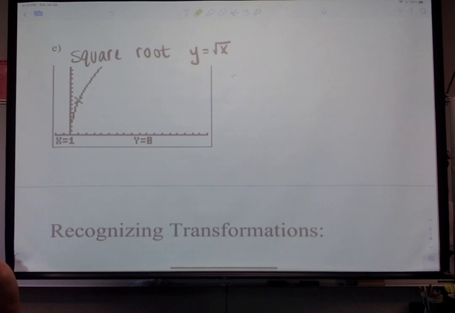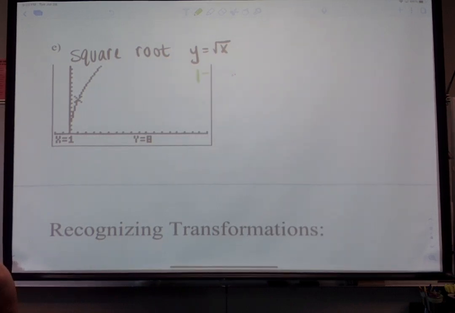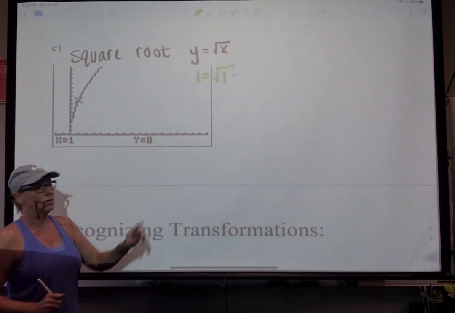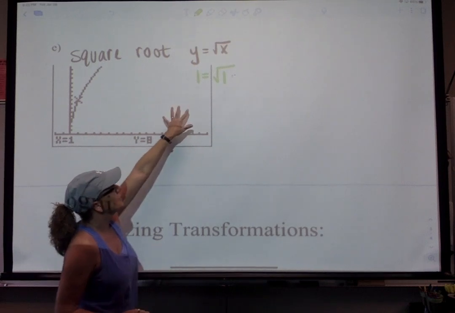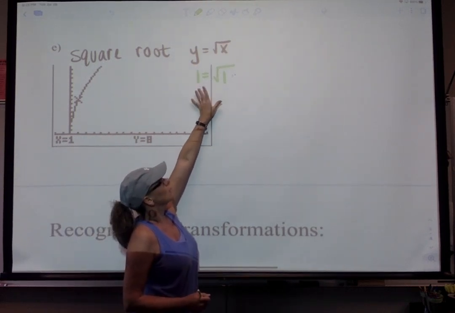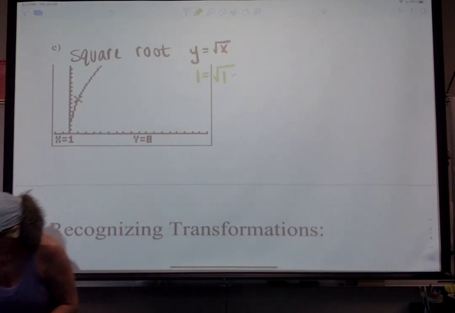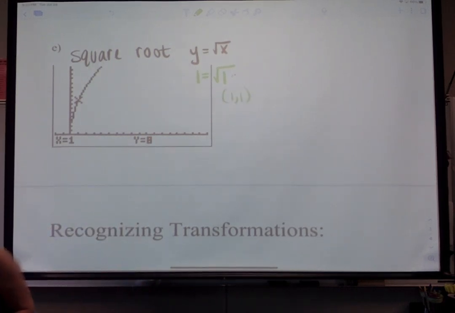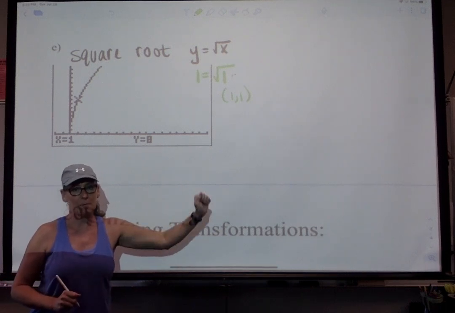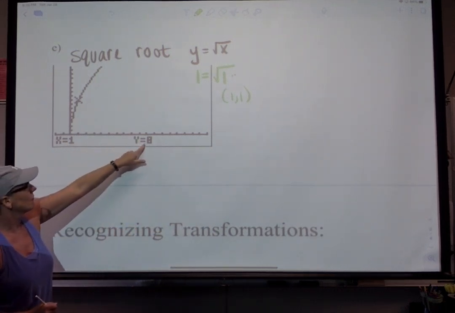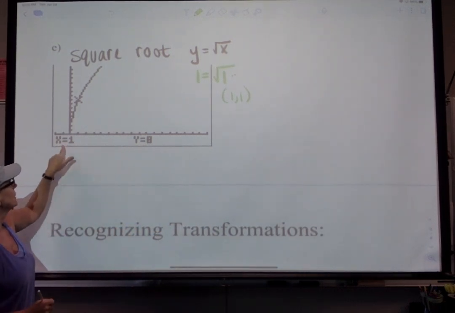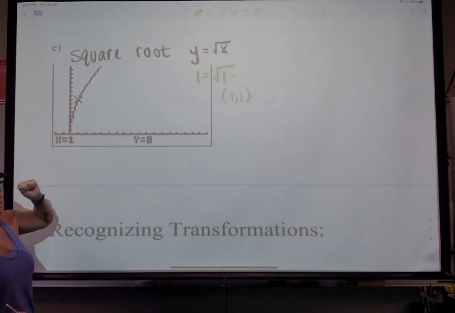And do you agree that normally this equation would pass through 1, 1? That's normally on my parent function. Look what's on here. On this one, I've got a point of 1, 8.